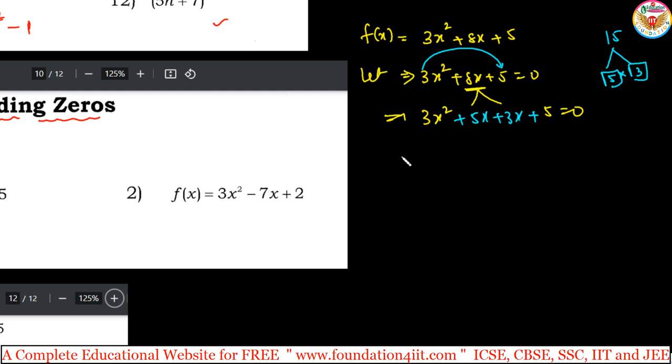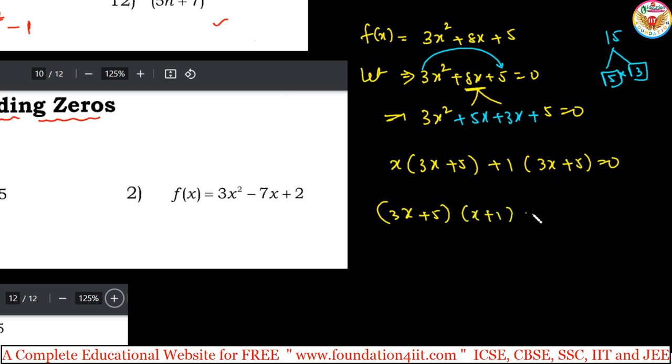Now from the first two terms we can take x common, 3x + 5. For the next two terms there is no common factor, so directly you can take 1 as common, 3x + 5. So (3x + 5)(x + 1) = 0. Now 3x + 5 = 0 or x + 1 = 0.